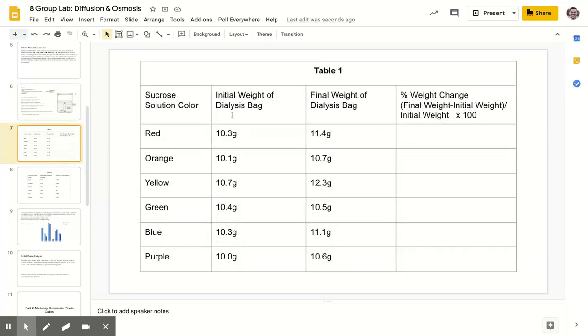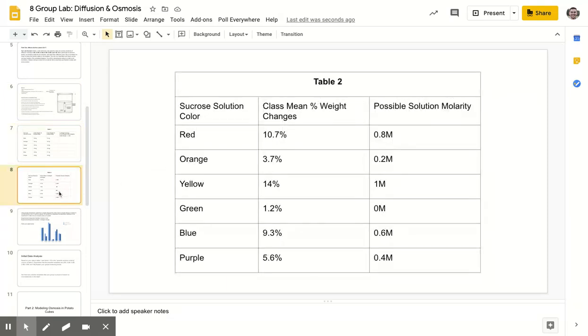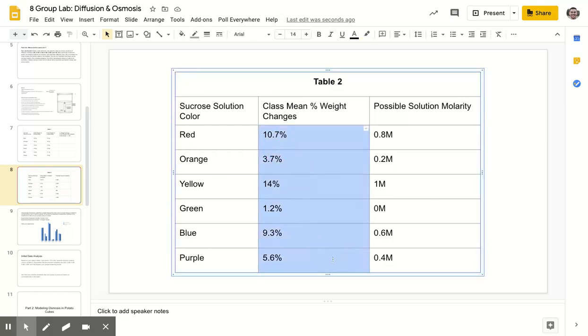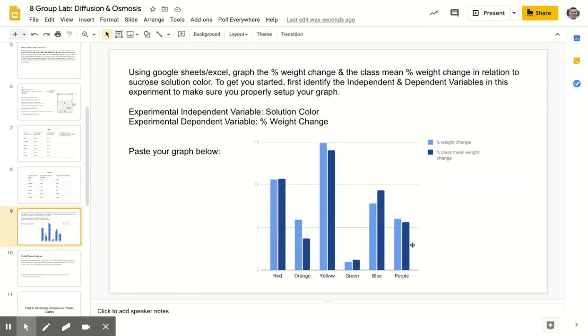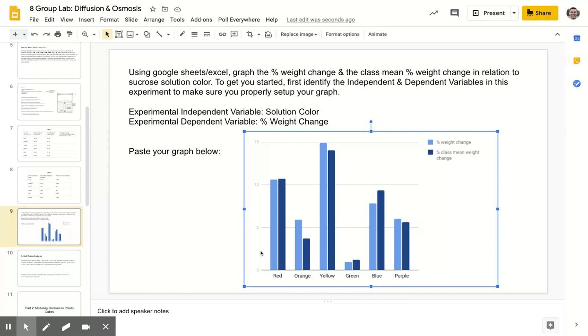We have individual measurements and class average measurements, and we plotted this data on a graph. This is a graph I took from group 1. I just want to provide a citation there.